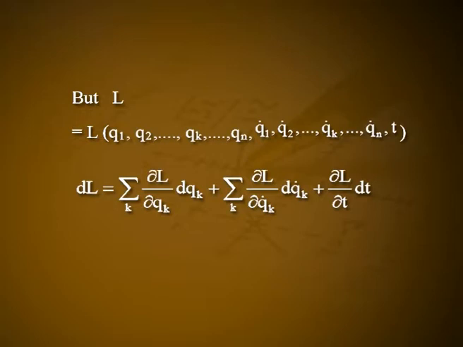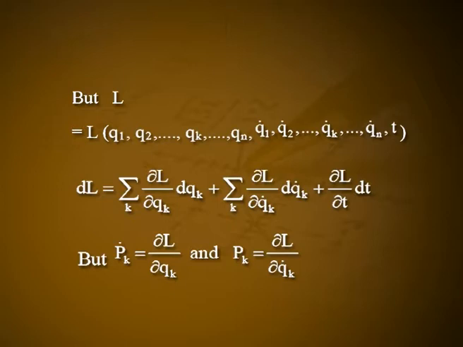Let it be equation number 8. But pk dot is equal to ∂L/∂qk and pk is equal to ∂L/∂qk dot. Substituting in equation 8, dL = Σk pk dot dqk + Σk pk dqk dot + ∂L/∂t dt. Let it be equation number 9.